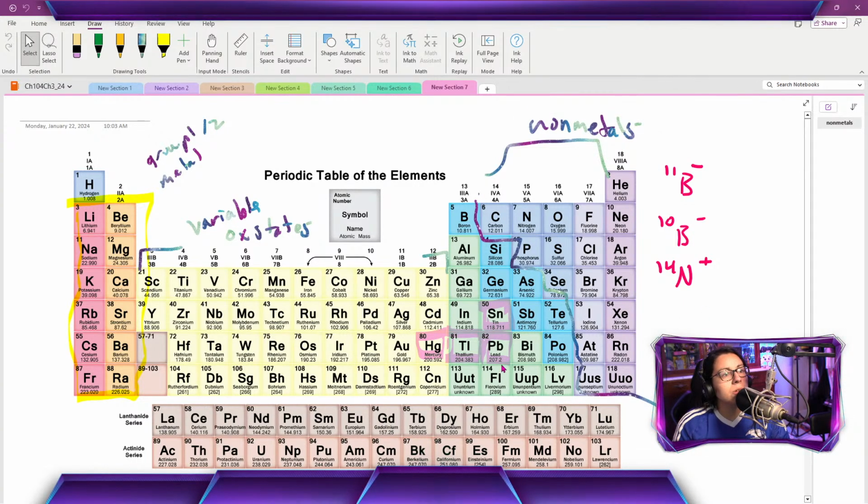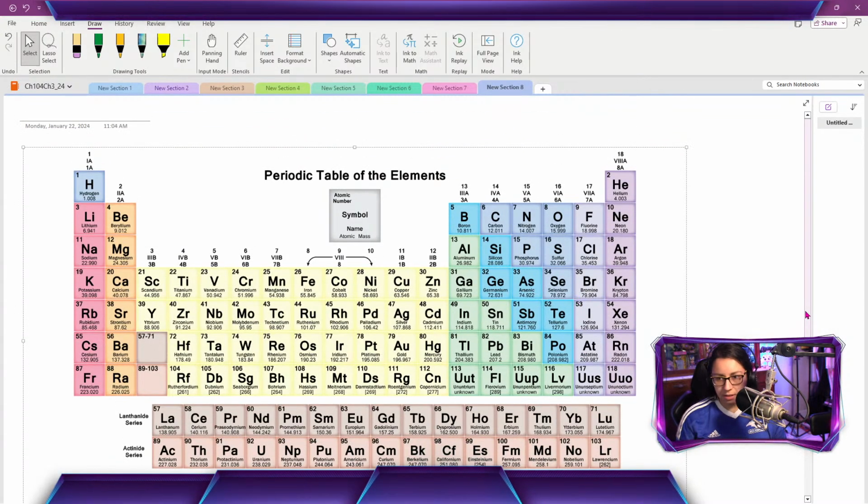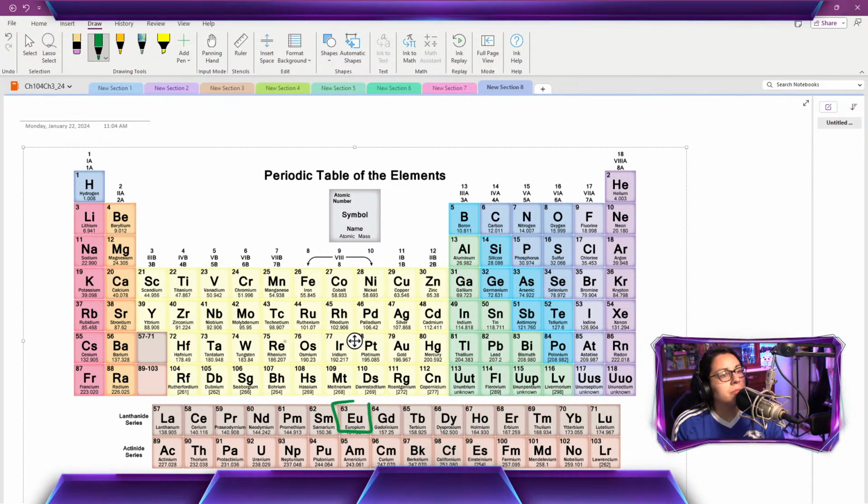And let's make a new periodic table over here. We'll do more practice. And let's try some weird ones. So let's try europium for fun.